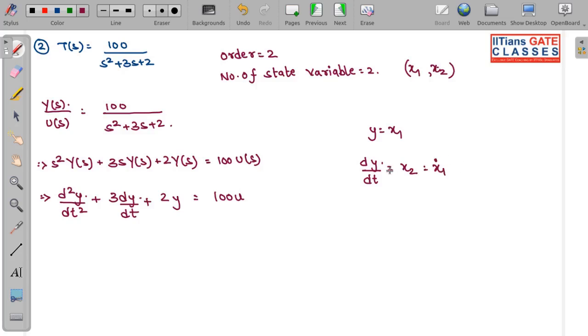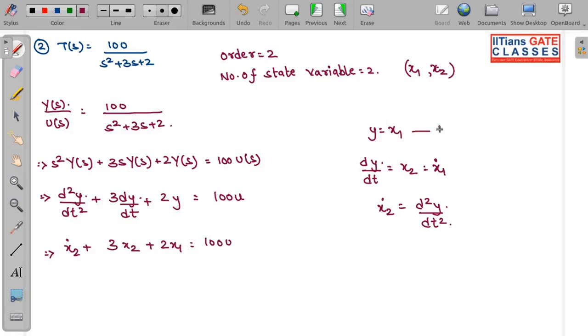So now if I want to write x2 dot, so x2 dot is equal to what? It is equal to d square y by dt square. Over here you can see that this is basically x2 dot plus 3 dy by dt. So I can write it as x2 dot plus 3x2 plus 2x1 is equal to 100u.